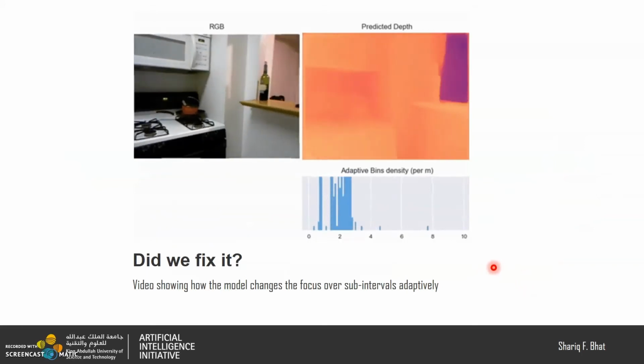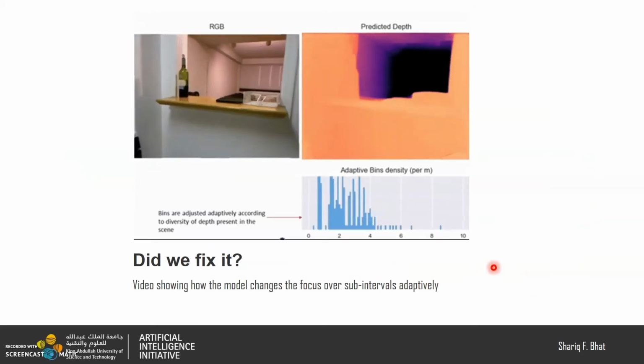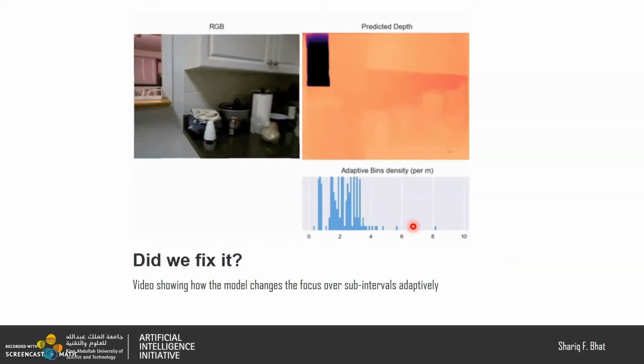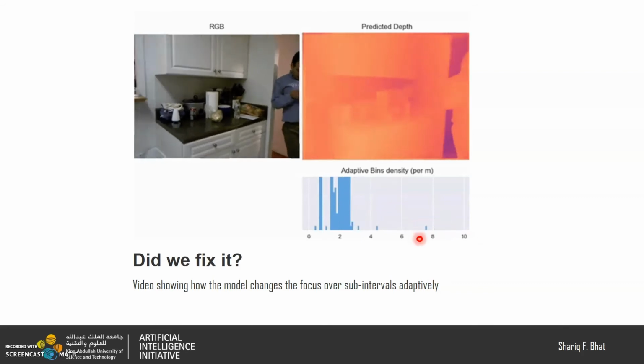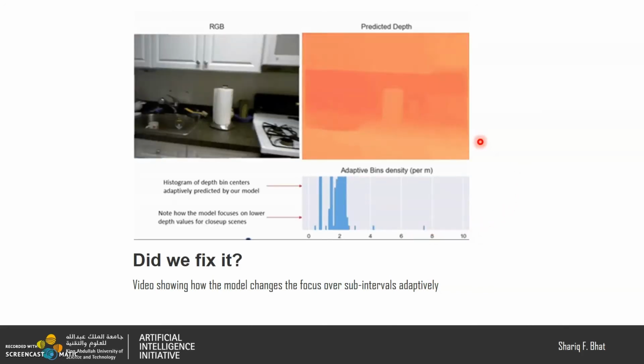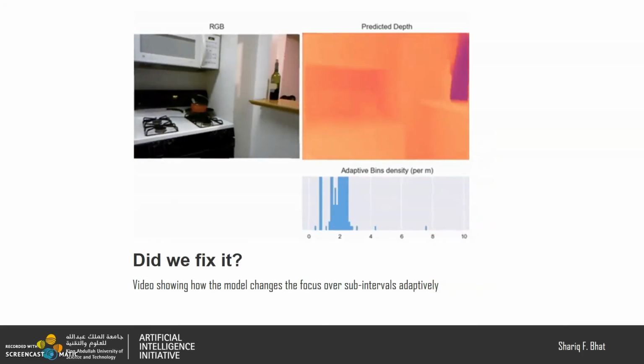This is a video showing how the model has learned to change the density of predicted bins adaptively according to the input scene. Note that the bins are estimated first and are then used to come up with the final depth map.